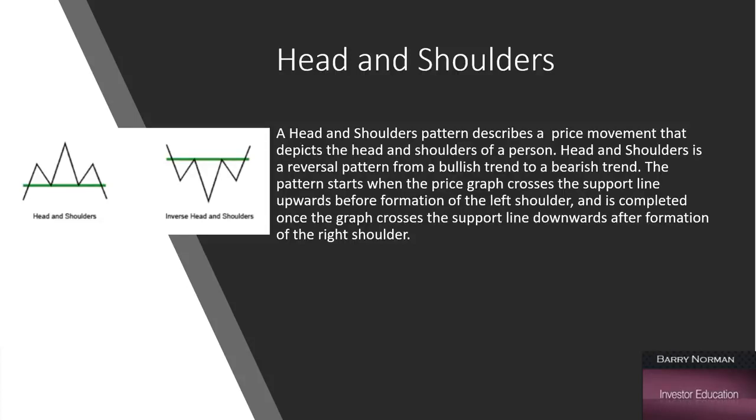We can't do anything at all until it forms that last leg after it's made the right shoulder, and then when it crosses that neckline and is crossing downward in a standard head and shoulder, it tells us the market has shifted and you can go in for a short trade. An inverse head and shoulders is just the opposite and will tell you you can go in for a long or a buy trade.